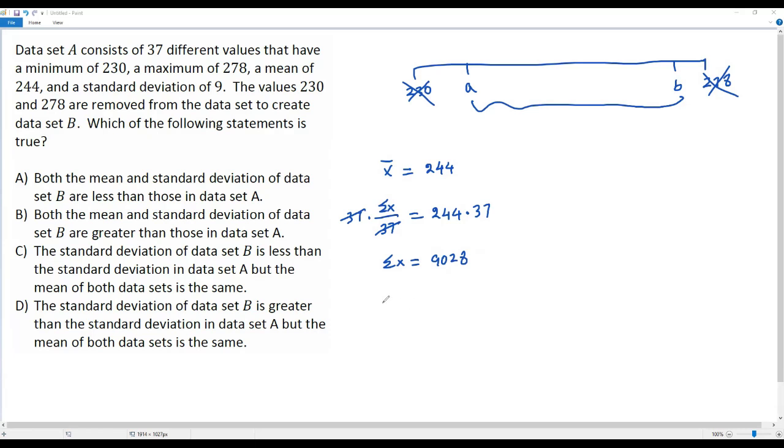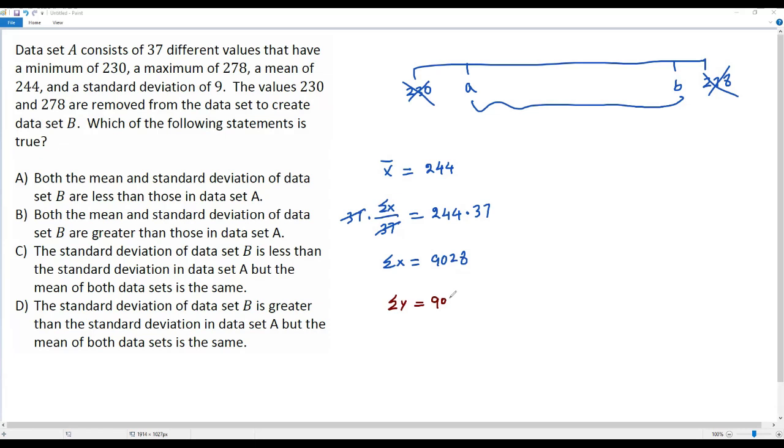Now let me get the sum of the values in data set B. In data set B, we have only 35 values because we removed the minimum value 230 and the maximum value 278 from the original data to create the new data set B. Let's say this summation of y represents the sum of values in data set B. To get it, we have to subtract 230 and 278 from the sum of the values in the original data set, 9028.